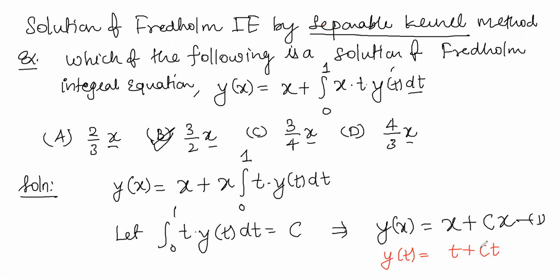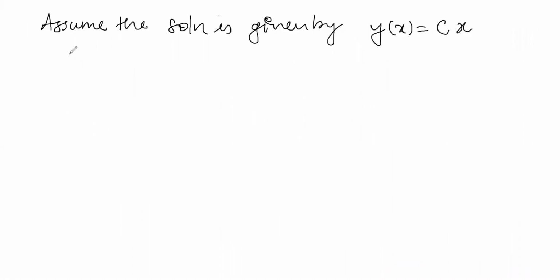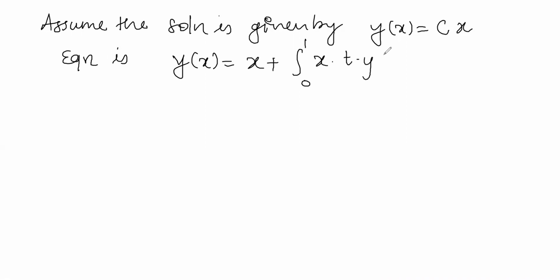My equation is y of x equal to x plus the integral from 0 to 1 of x times t times y of t dt. Now I'll substitute cx. So cx will be equal to x plus the integral from 0 to 1 of x times t, and then y of t is again ct dt.